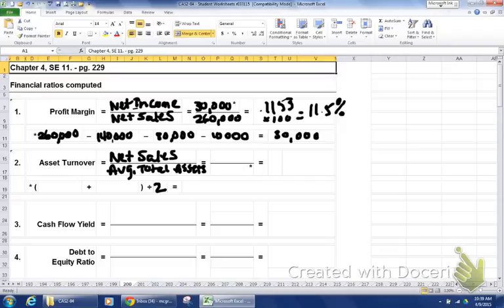So in this problem, it tells us that the company's beginning assets were 200,000, and our ending assets were 240,000. So that comes out to an average total assets of 220,000. That will be our denominator.